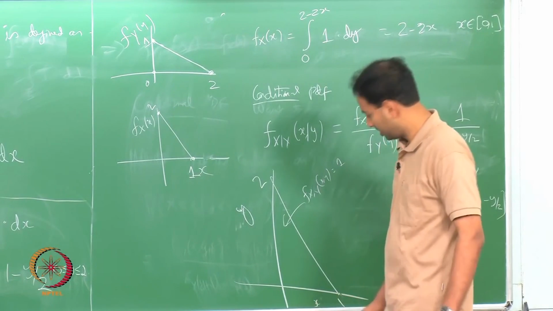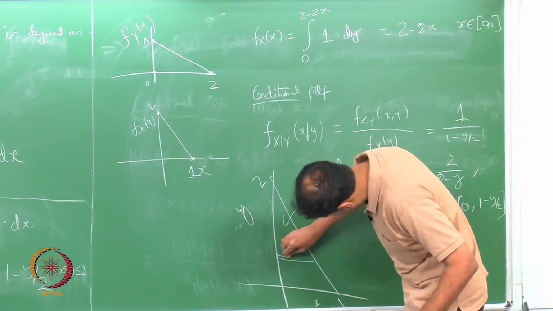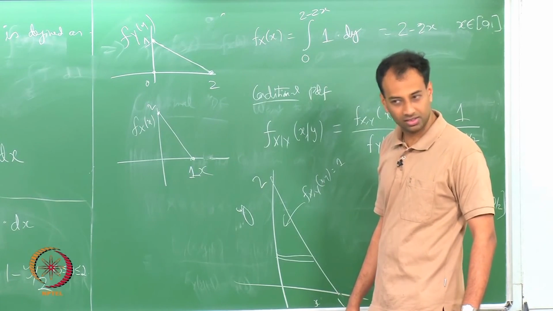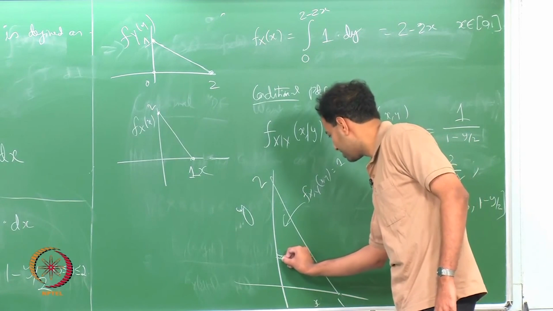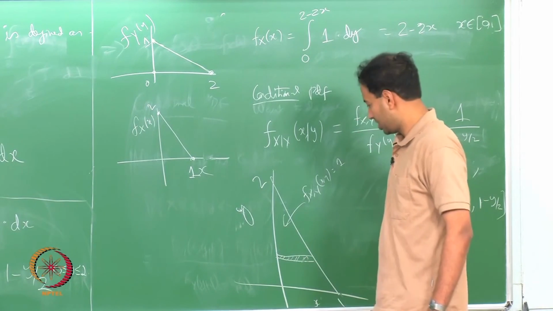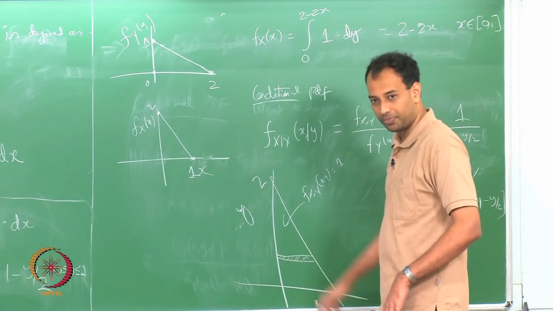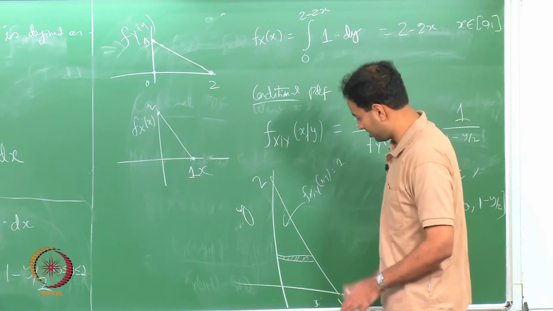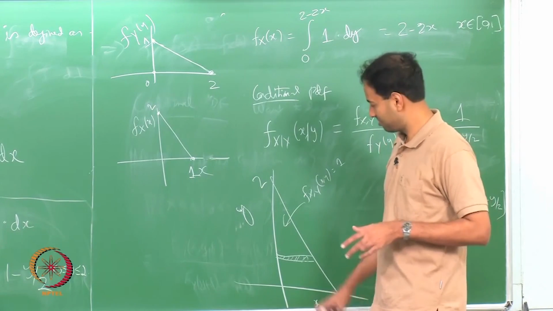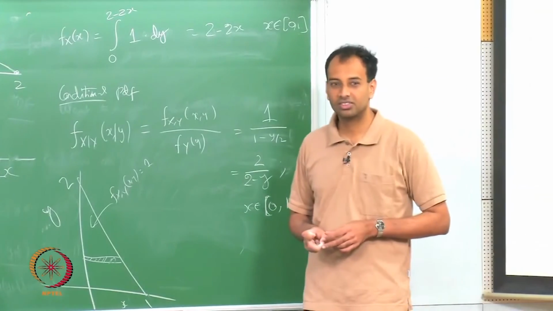Now, we are fixing a y and looking at the little strip y plus delta, and looking at how x is distributed on that strip, and you are going to divide by f_Y. On that strip it must be uniform because what you started with is a uniform in the first place, correct.